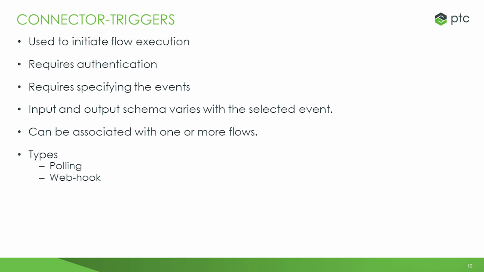Webhooks are different in that you have to actually register with the application and tell it that you would be interested in listening to one of those events. Along with the event information and other data, you also have to provide the URL callback, which the service will use to initiate the flow.